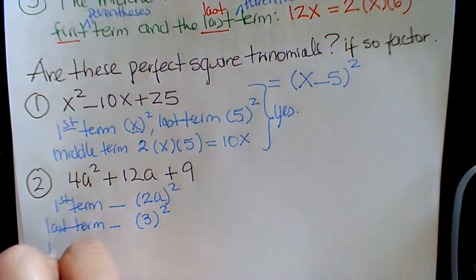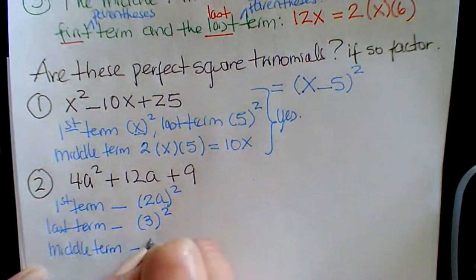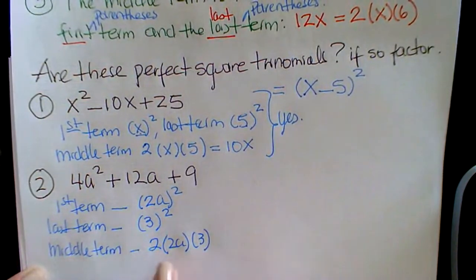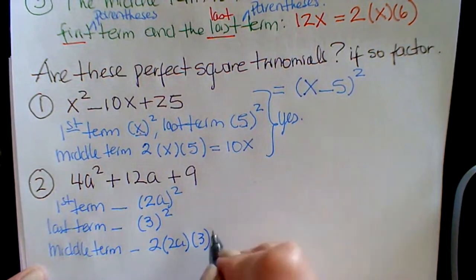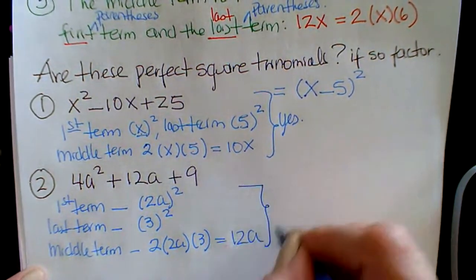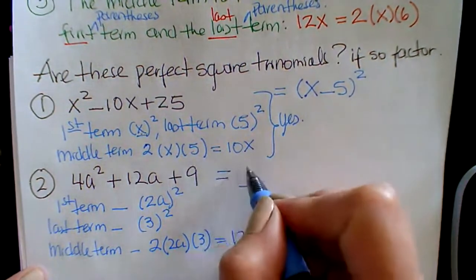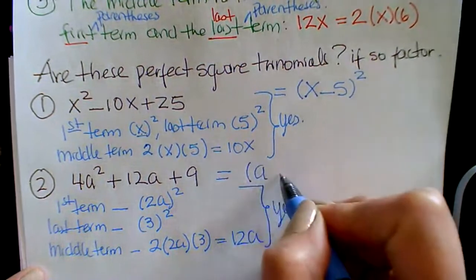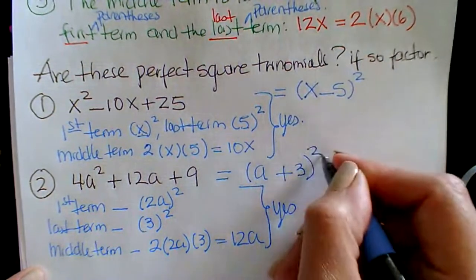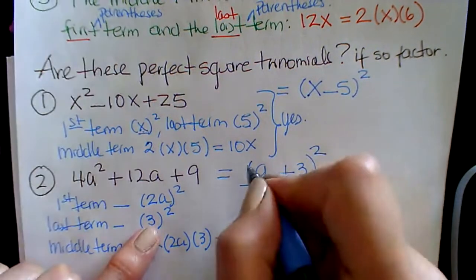Now the middle term is going to be 2 times what? 2a times 3. 2 times 2 is 4. 4 times 3 is 12a. So yes, it is a perfect square trinomial. And it's going to be equal to what? To 2a plus 3 squared.